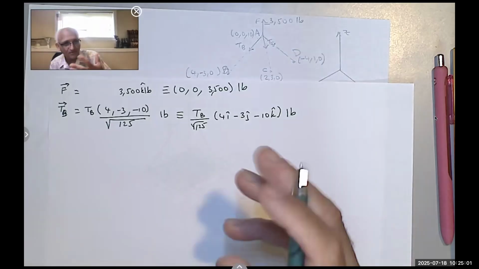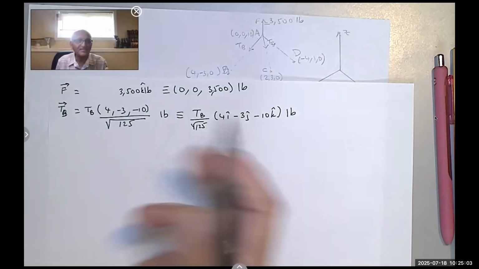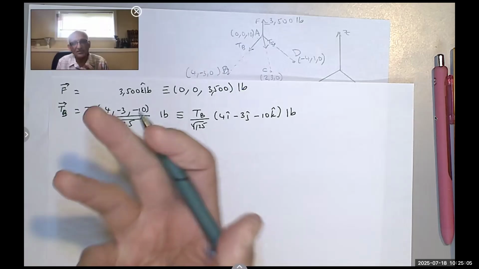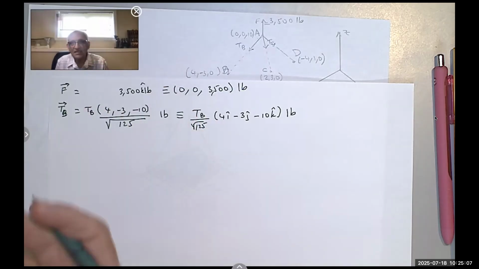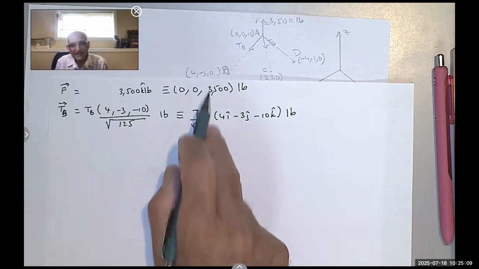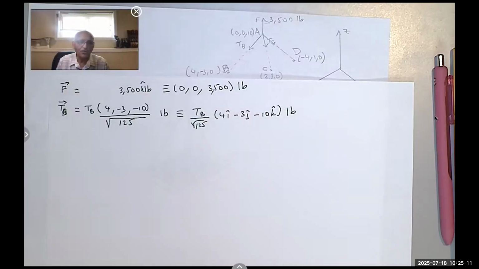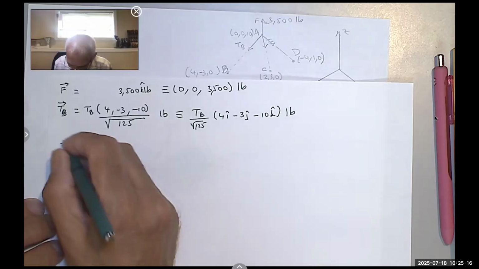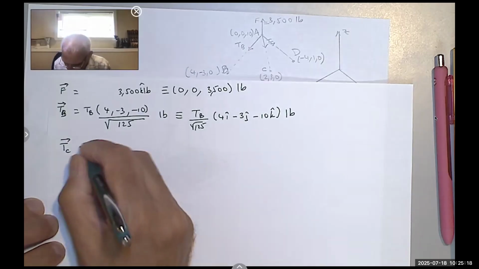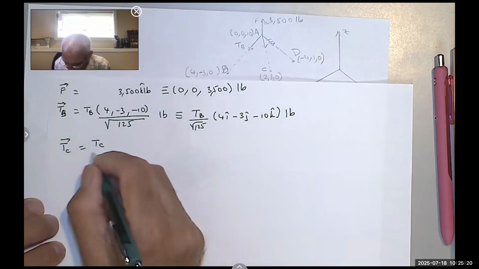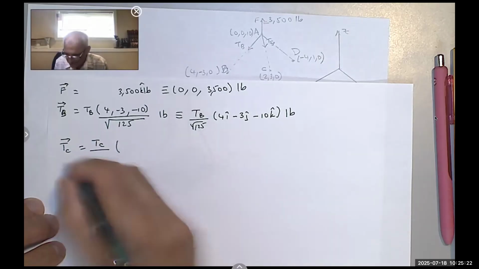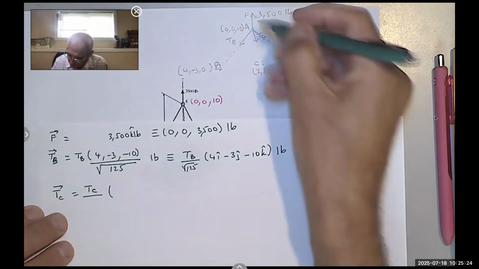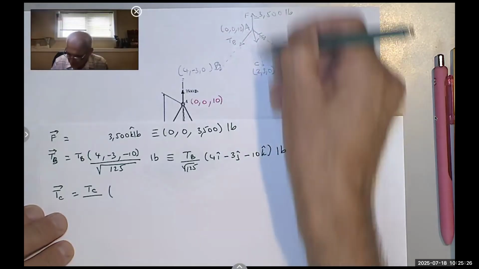So it's better to be consistent. In fact, since we are not going to use vectors explicitly, it's better to write it in component form. It's easier, so let's do that. When we go to the T sub C, we can say T sub C over something that we will calculate. I'm going from 0 to 2, 0 to 3, 10 to 0.